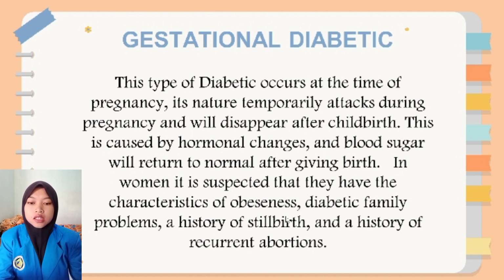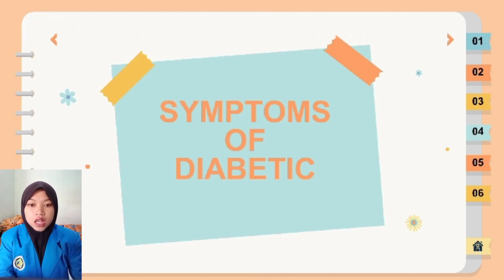It affects women with characteristics such as obesity, a family history of diabetes, a history of stillbirth, and a history of miscarriage.